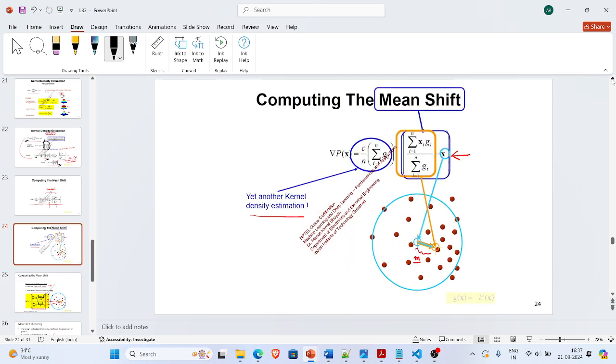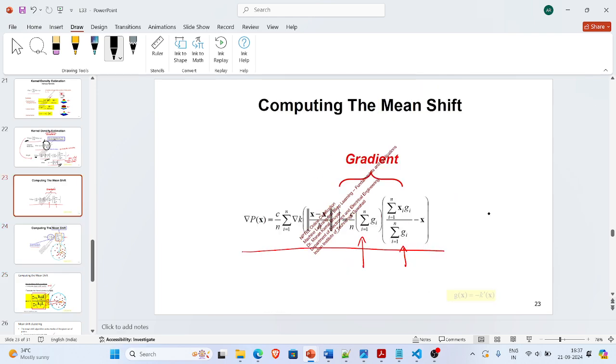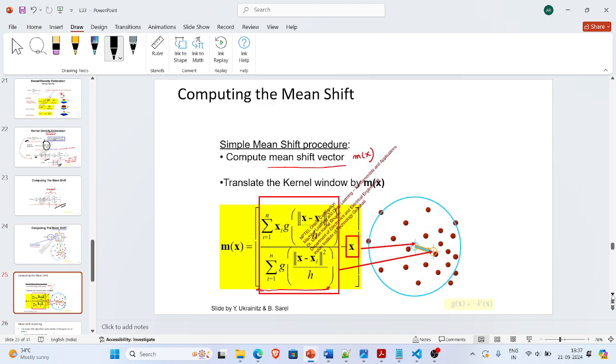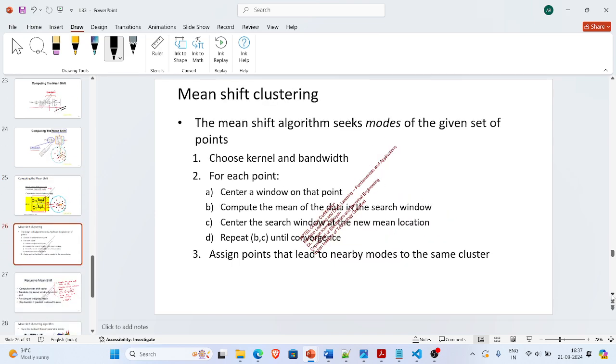So we calculate the mean shift like this. Subtracting the earlier kernel center produces the shift. So what you have to do to get the new kernel center is add this mx to the previous cluster center.